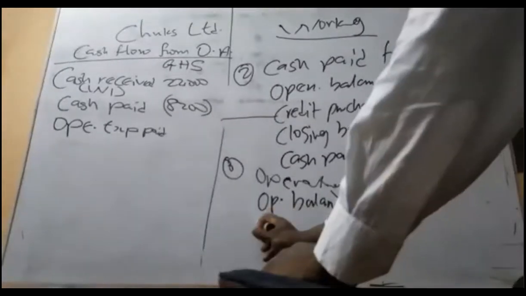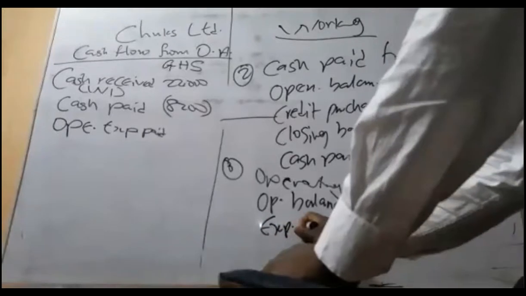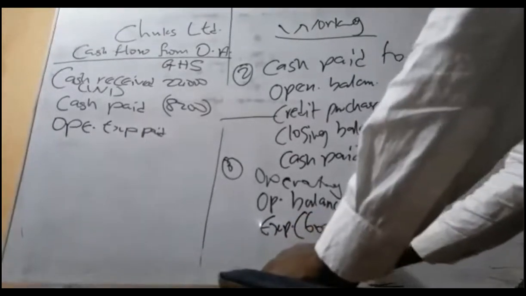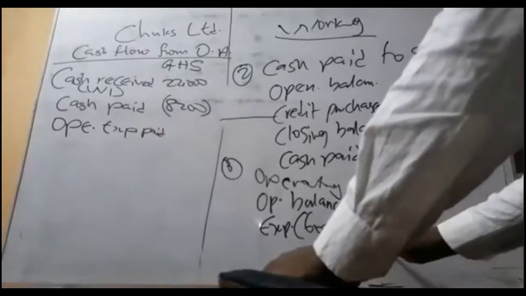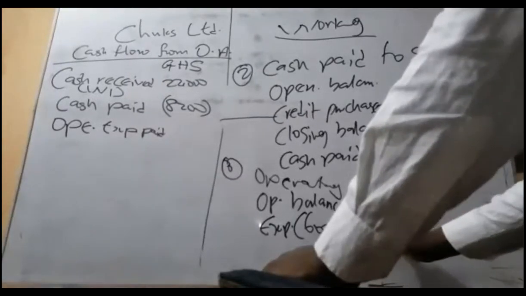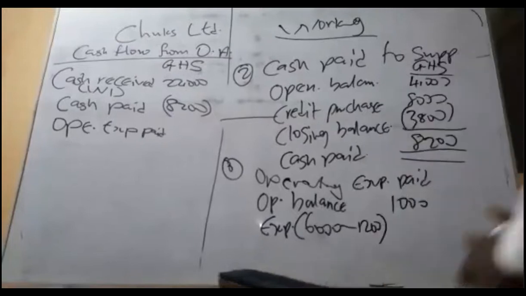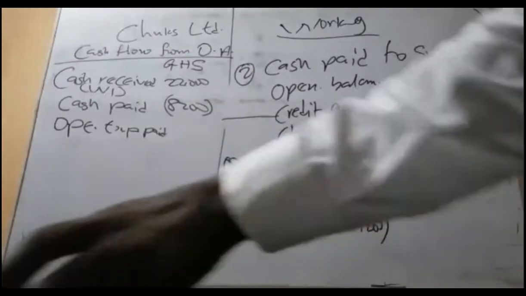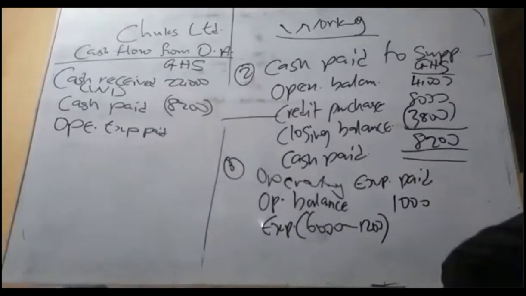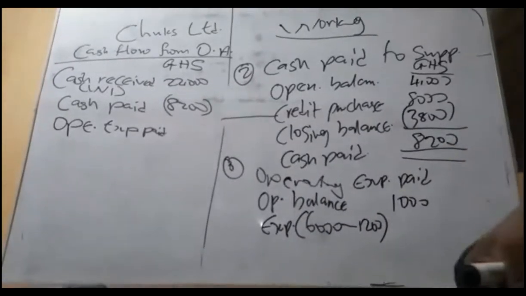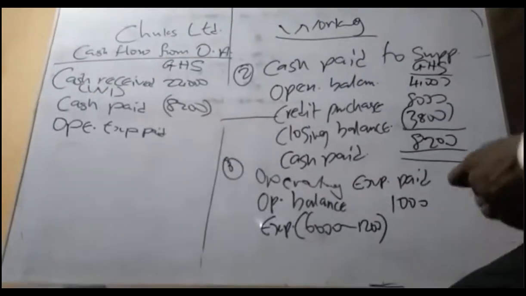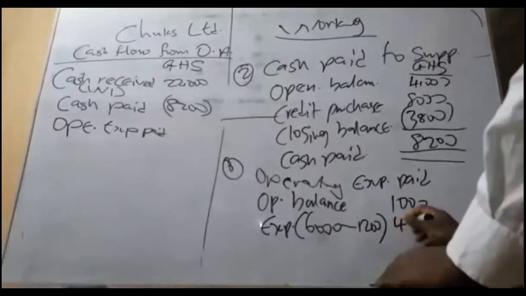Then tell the examiner expenses incurred. In brackets, they've incurred 6,000 less 1,200 because of the depreciation. Depreciation is a non-cash item. It does not have cash movement. So we take it from the incurred to get paid. So 4,800.